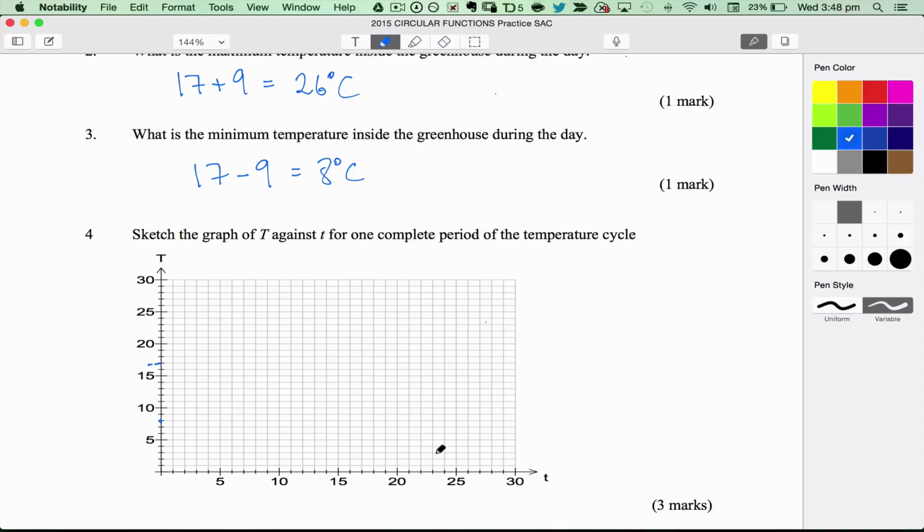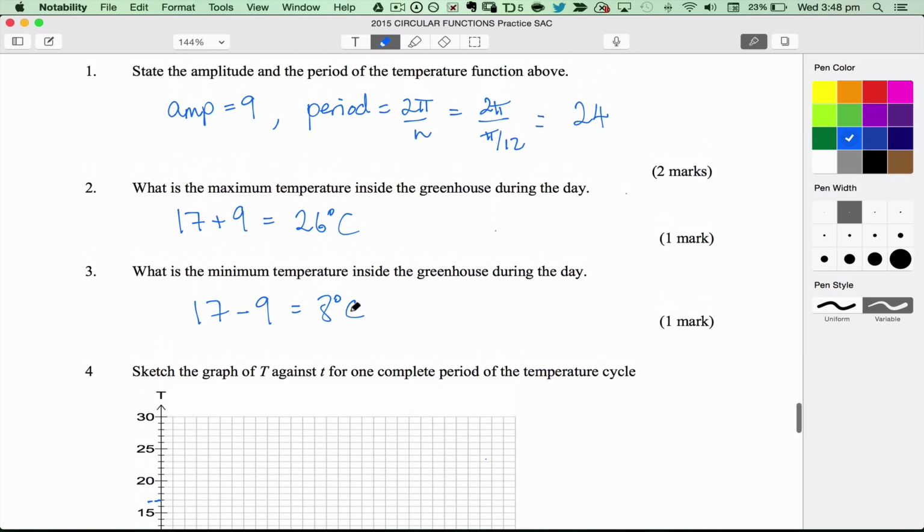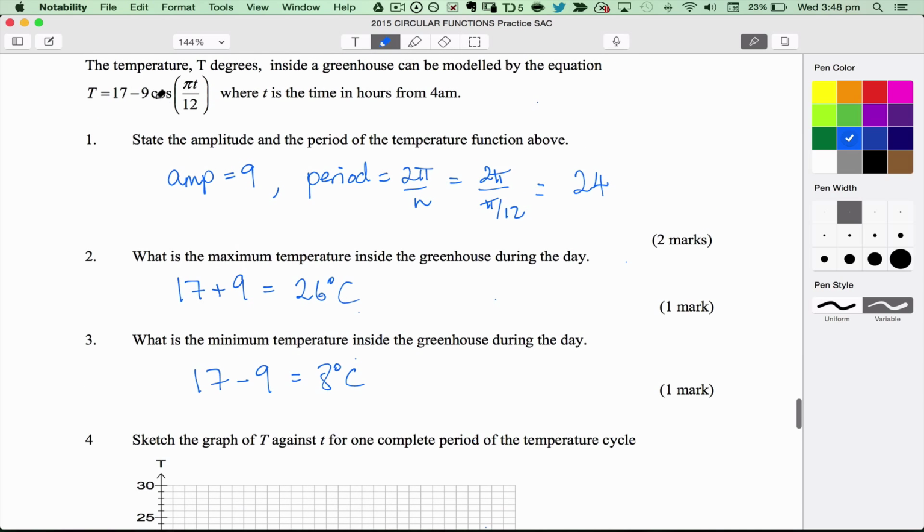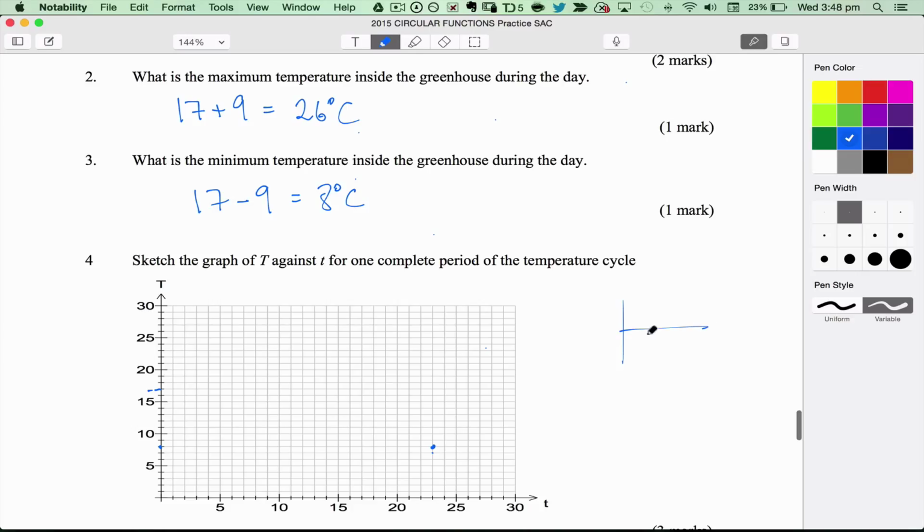It says 1 complete period, so make sure you stop at 24, where it goes back to where it started. We have a negative cos graph, so it's going to look something like this.